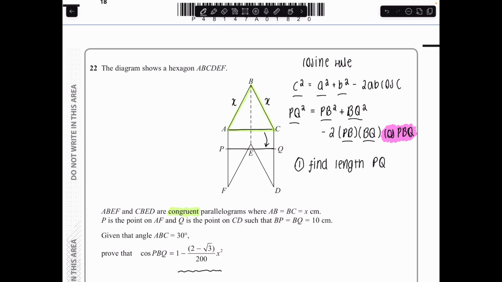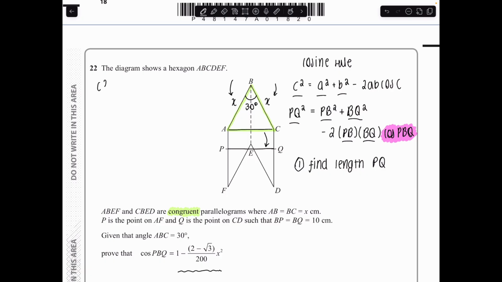So, the question told us that the angle ABC is 30 degrees, and we've also been told expressions for the sides next to the angle. Now from here, since we have a side angle side sandwich, we can use the cosine rule.